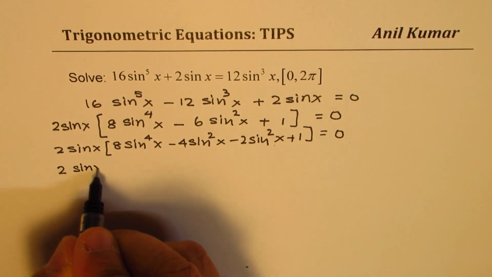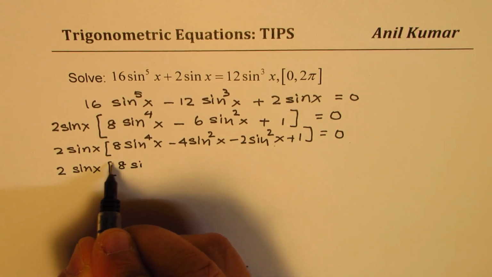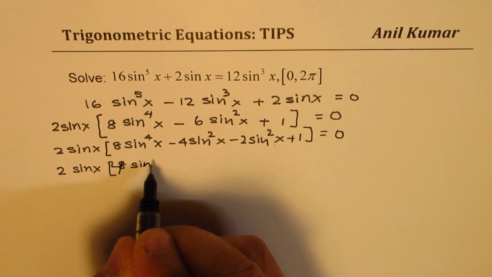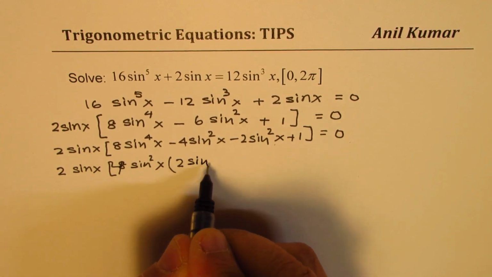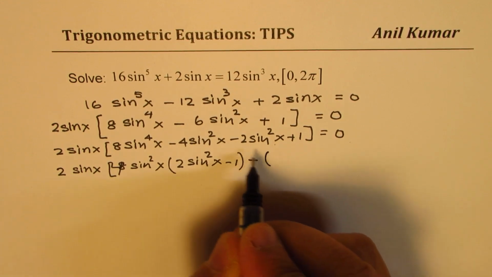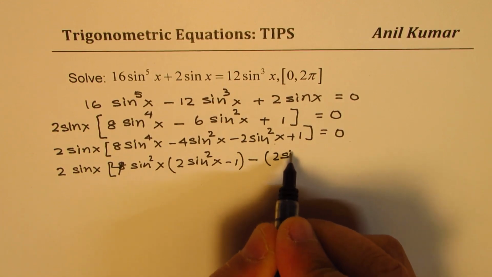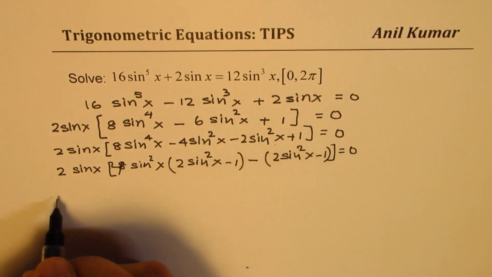So it gets to sine x. We can take 4 sine square x common. So we get 2 sine square x minus 1. Here we have minus as common, so we again get 2 sine square x minus 1 equals 0.